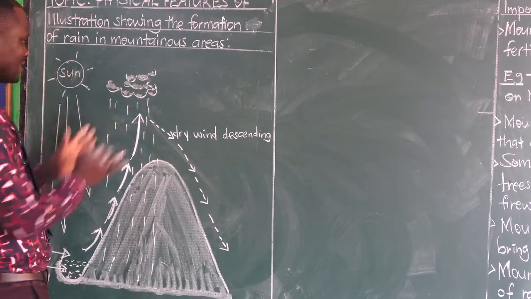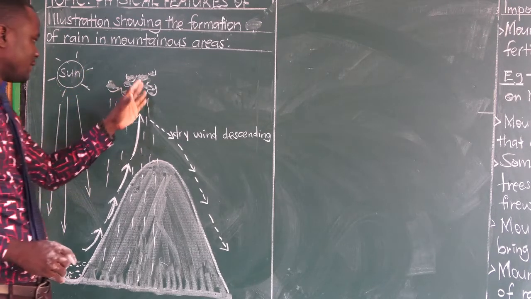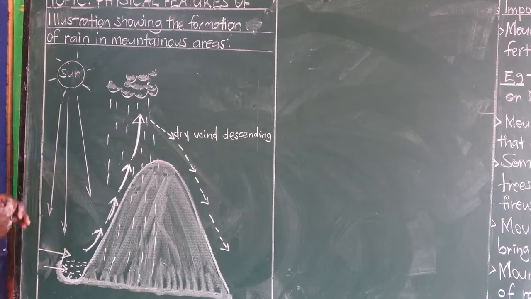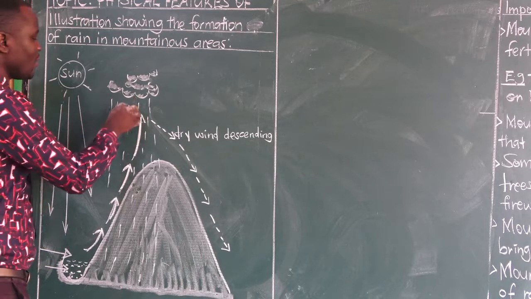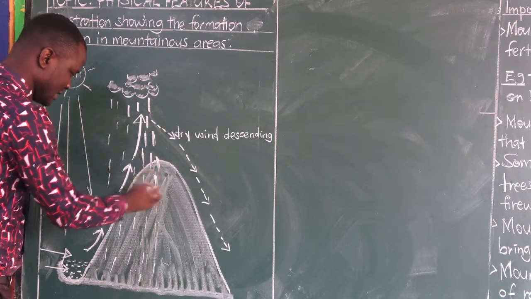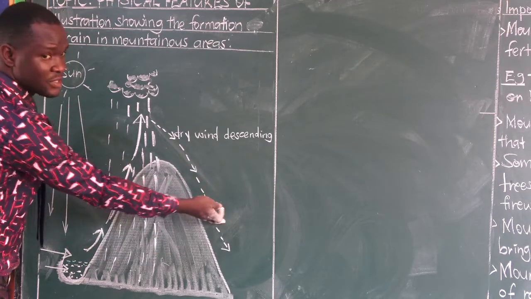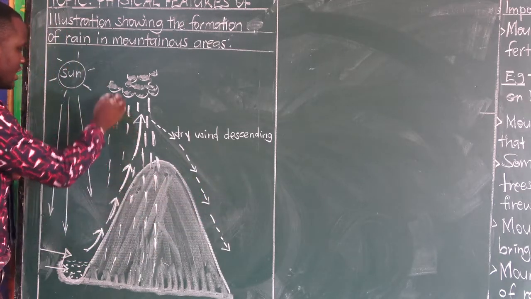I want you to understand this diagram. When we are illustrating this rain formed in mountainous areas, we are seeing that it is only one side of the mountain which receives this rain. The other side of the mountain does not receive, as we can see, but this side receives.